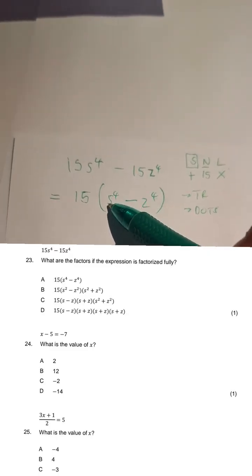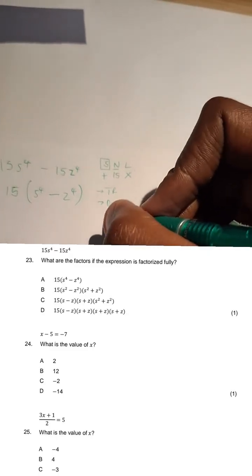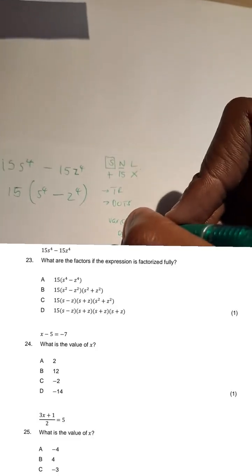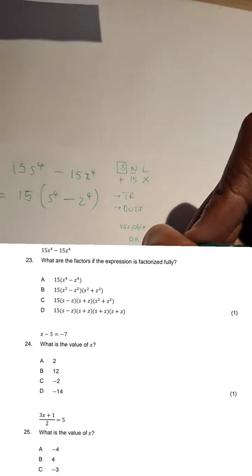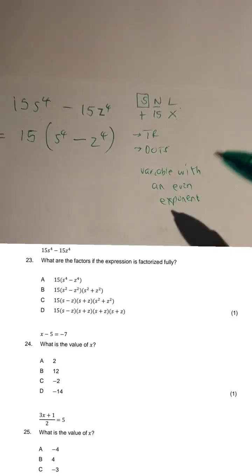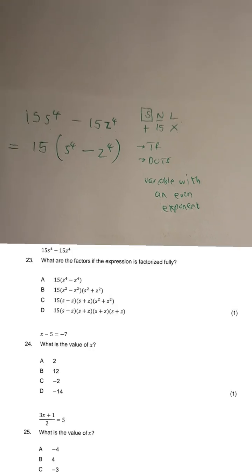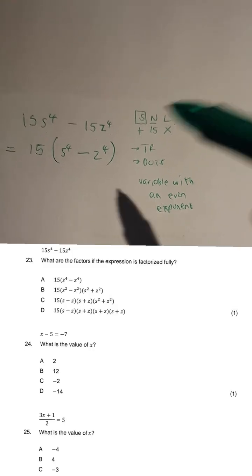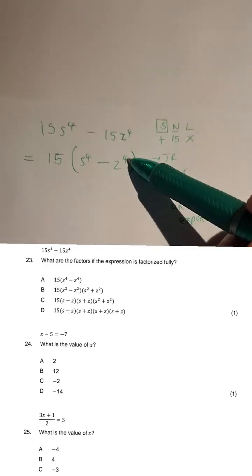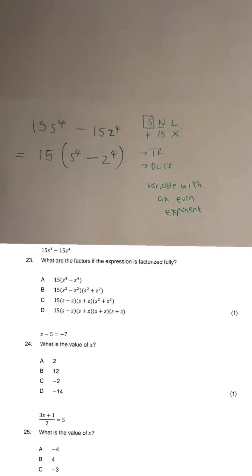It's because any variable with an even exponent. What do we mean by even? Guys, even numbers are numbers that are divisible by 2, right? So 4 can be divided by 2 and it leaves no remainder. 4 as an exponent is an even number.